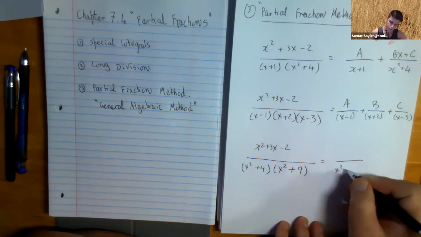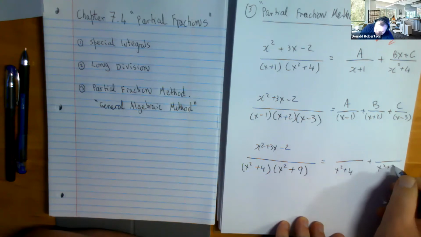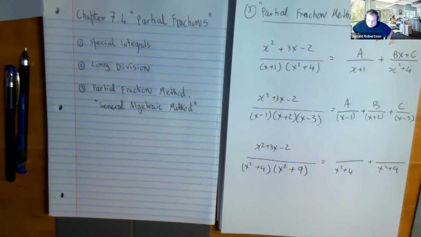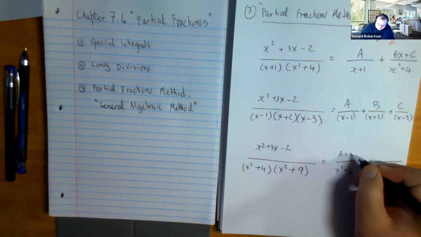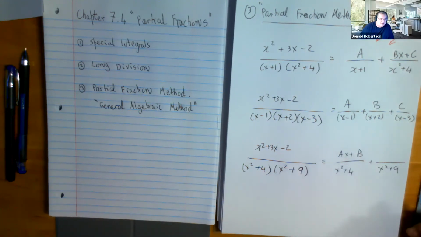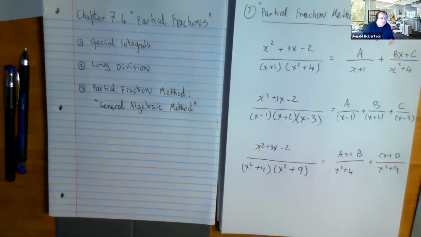And would you agree that the first one would probably be this guy and the other one would be that guy, right? What's missing on the top, an A or an Ax plus B? Bx plus C. Or if you want to go those letters. Right? And won't this one be, we'll call it Cx plus C. Every one gets its own letter because every one will probably be a different value.